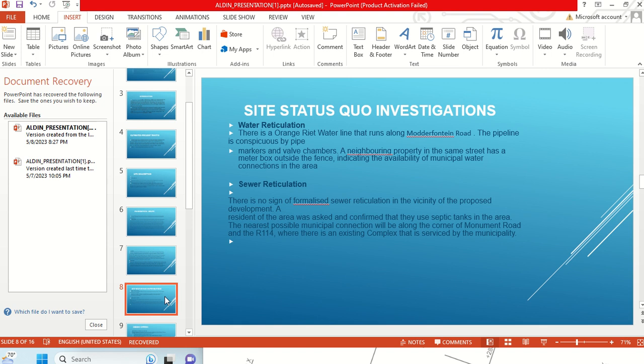The nearest possible municipal connection would be at the corner of Monumental Road and R114, where there is an existing complex serviced by the municipality.